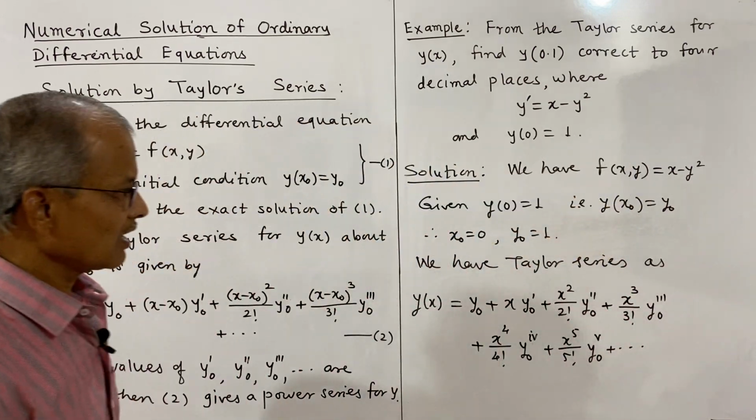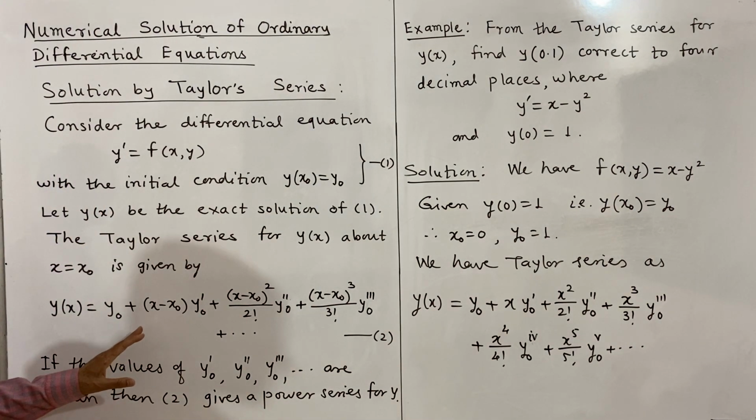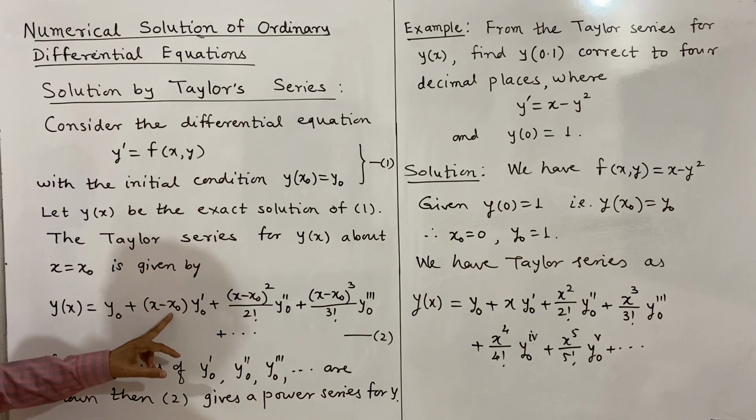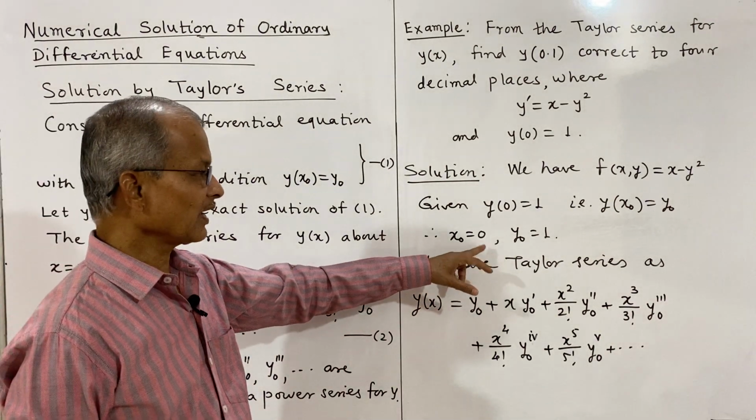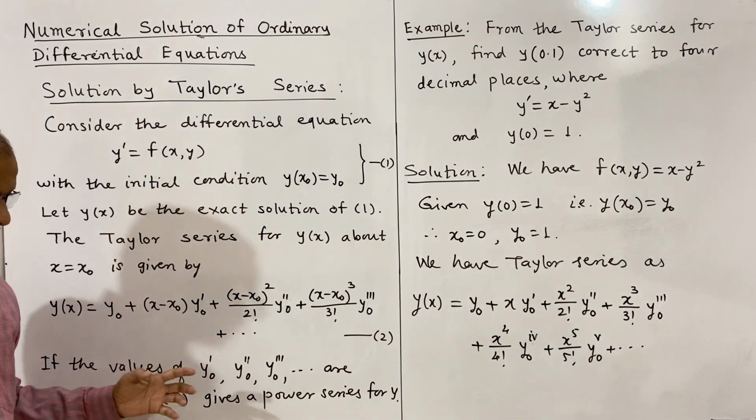So this is the Taylor series. Originally we have written this, and it takes this form because x naught is equal to 0. If x naught is non-zero, then we should write in this form, x minus x naught, etc.